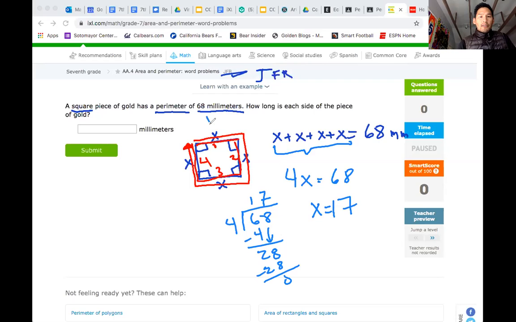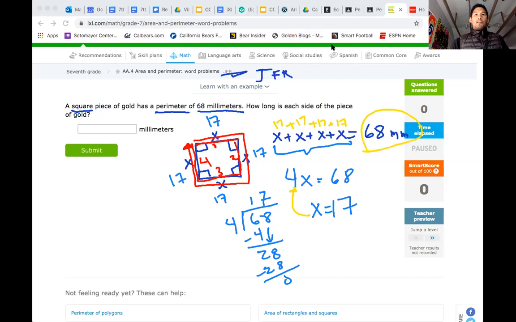So 17 plus 17 plus 17 plus 17. If I put that 17 back in here and multiplied it times 4, I would get 68. And if I put 17 in for all these X's and added them together, and feel free to use a calculator, you would also get 68.